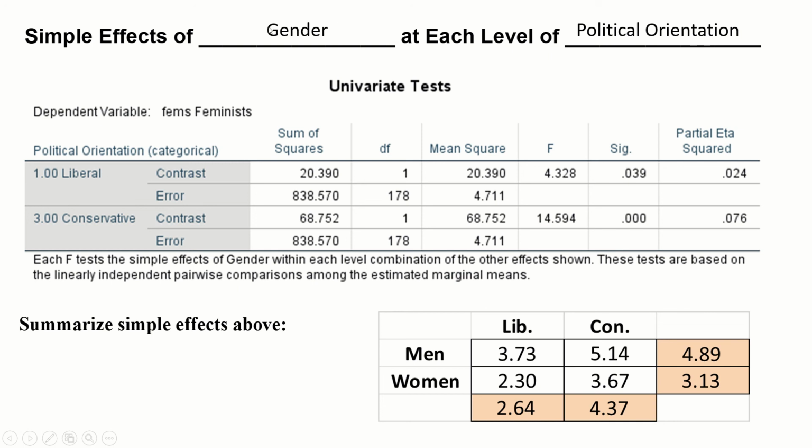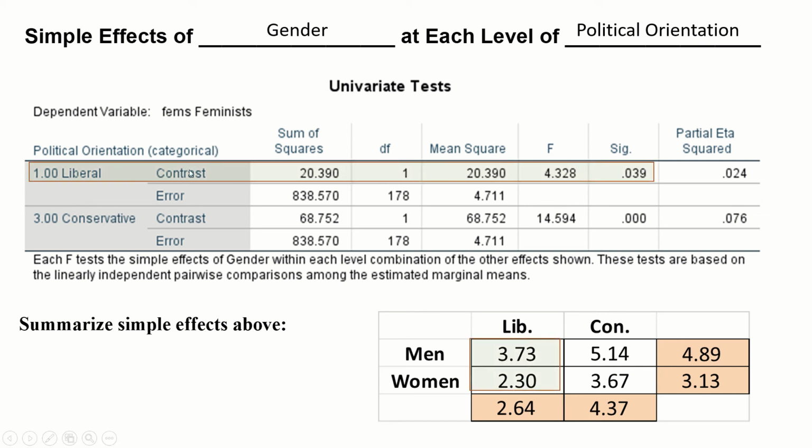So we're asking whether there are gender differences for liberals versus conservatives. Because remember, overall, we found a gender difference such that men were reporting more anti-feminist prejudice compared to women. But will that replicate for both liberals and conservatives?